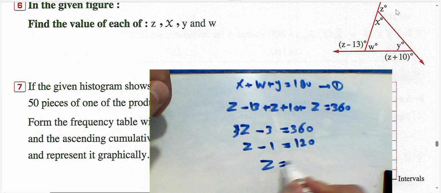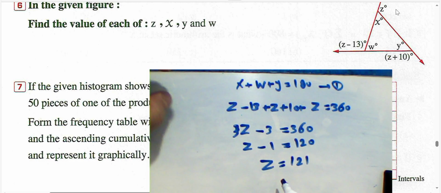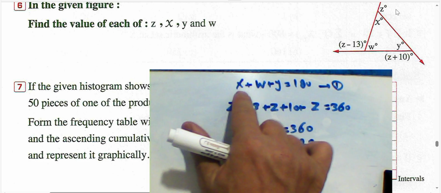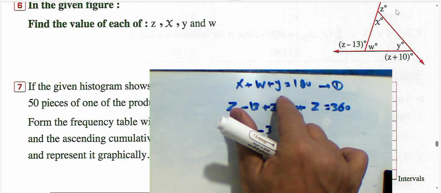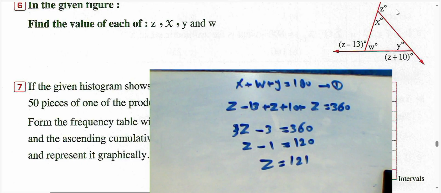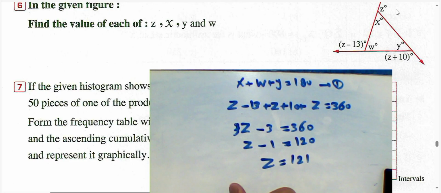Then z will be equal to 121. Z will be 121. Okay, we have x plus y plus w equals 180, and the sum of exterior angles equals 360. I found here z equals 121.